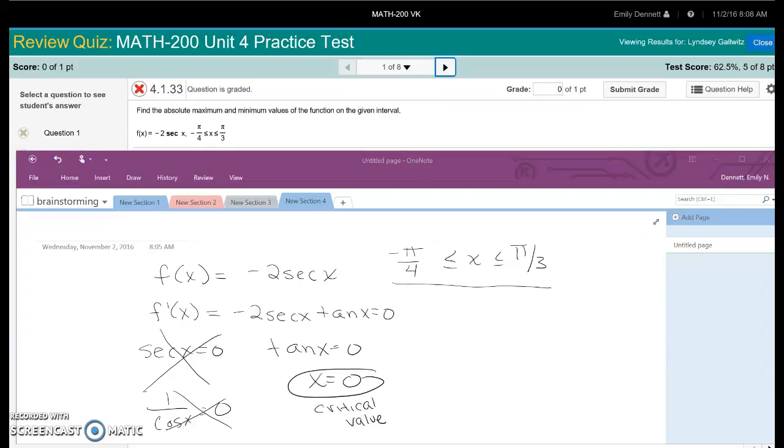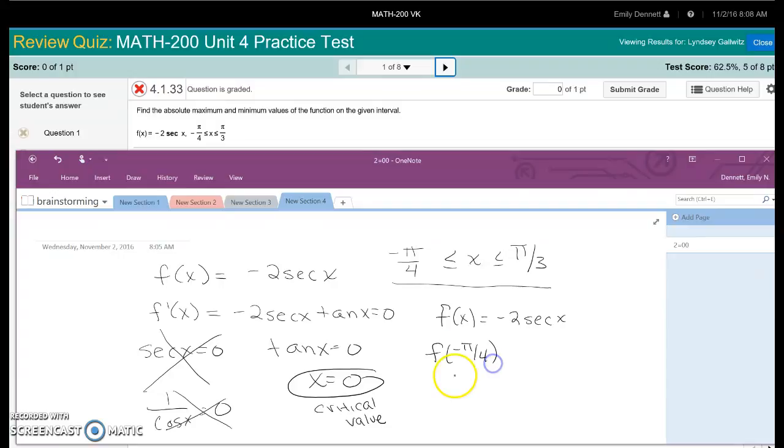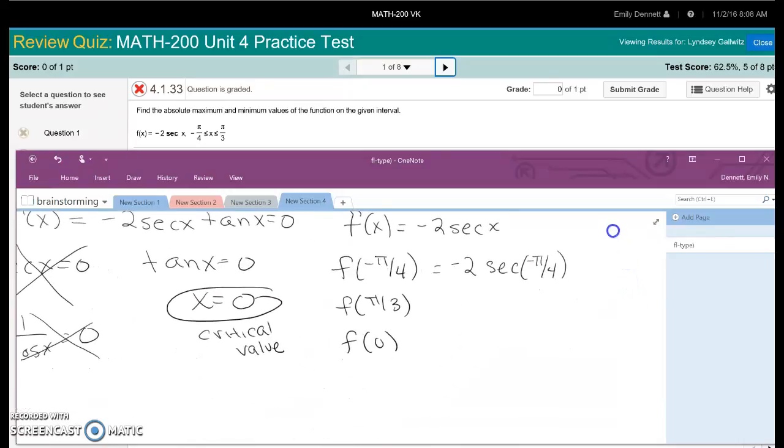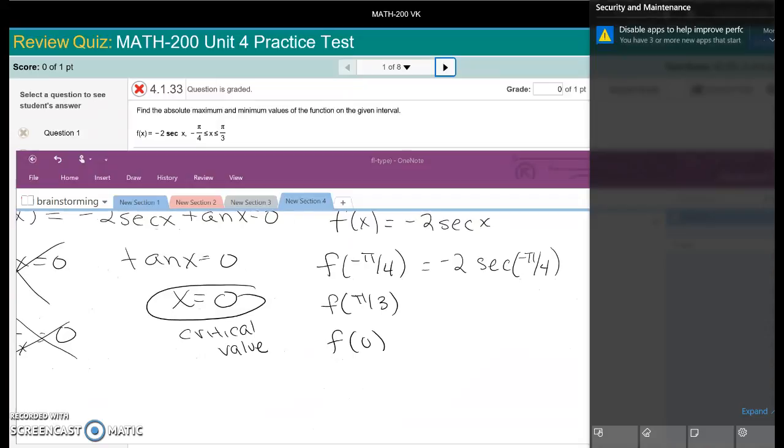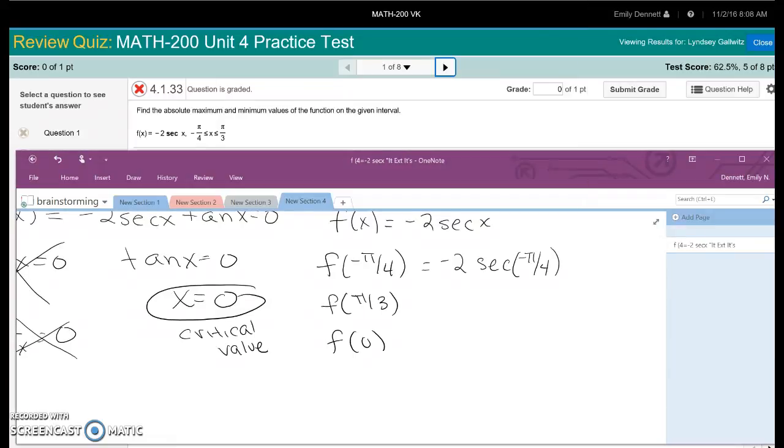Okay, so we need to test our 2 endpoints. So in the original function, f of x equals negative 2 secant of x, we need to test our 2 endpoints, negative pi over 4 and pi over 3, and then our critical value 0. So negative 2 times secant of negative pi over 4. Now, how you would do this is you would go to the unit circle and go to negative pi over 4, again that's in the 4th quadrant, and secant would be the reciprocal of the x value.